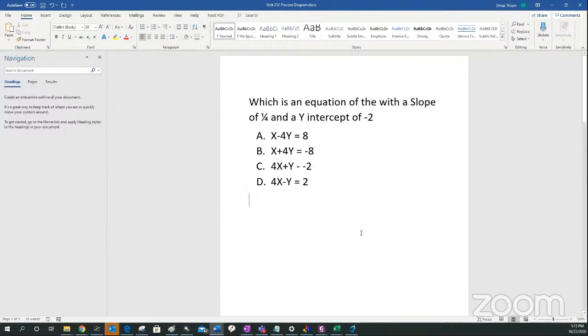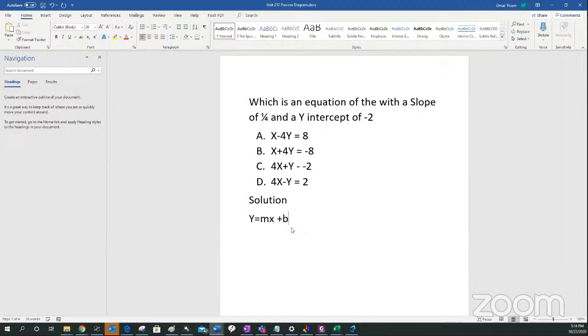We definitely know that our equation of a line is y equals mx plus b.